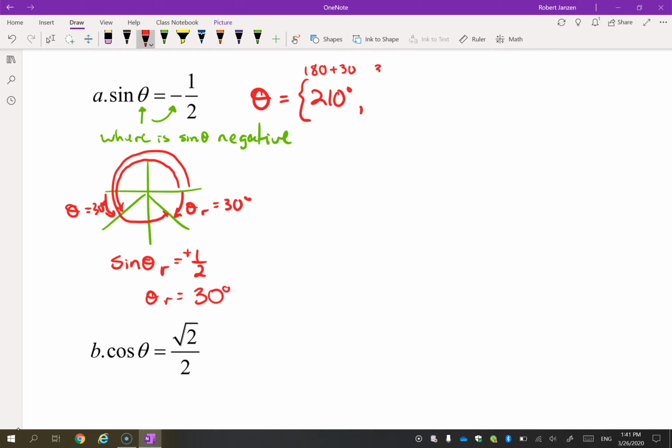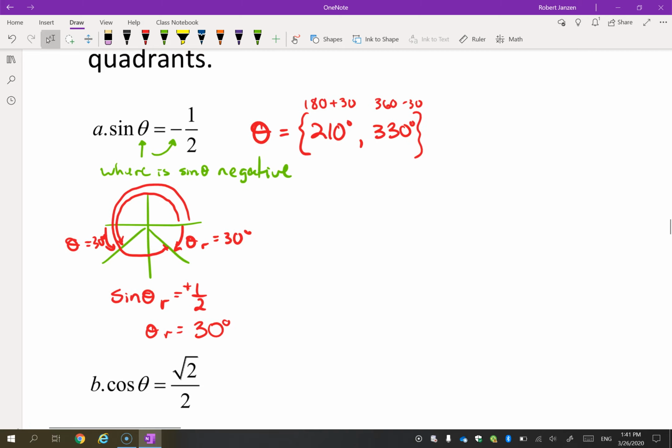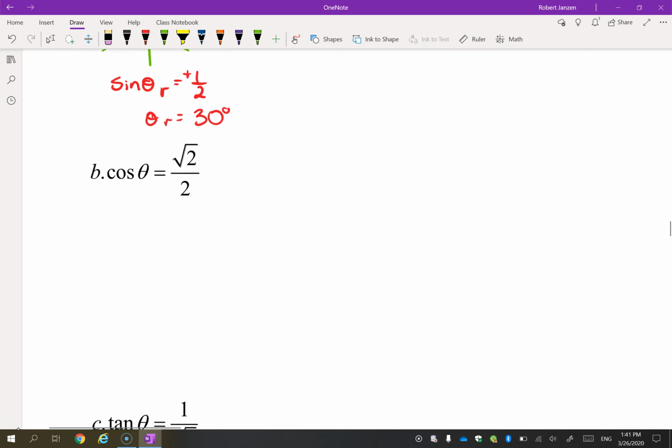All right, and I would get that one by saying 360 minus 30. So the second angle is 330 degrees. So both of these angles, if I stick them into here, would give me negative a half. Okay? So that's what we're doing.